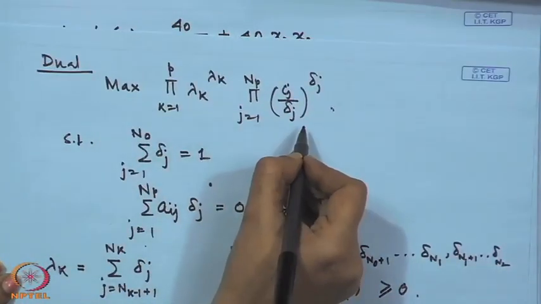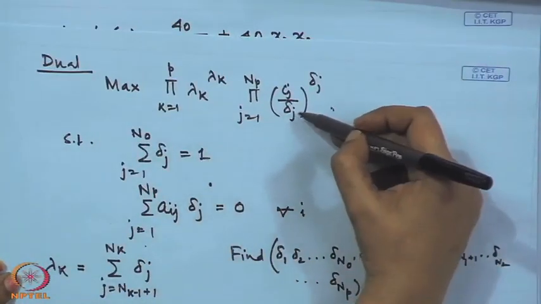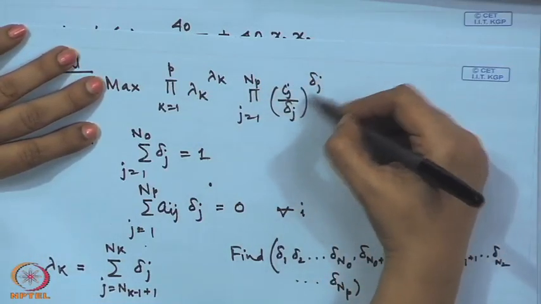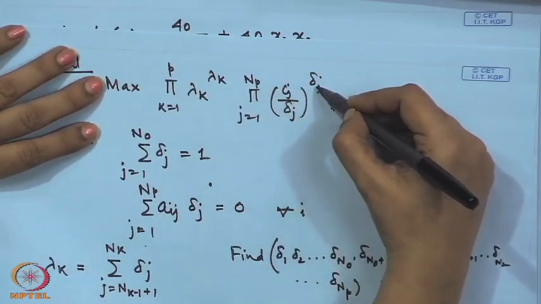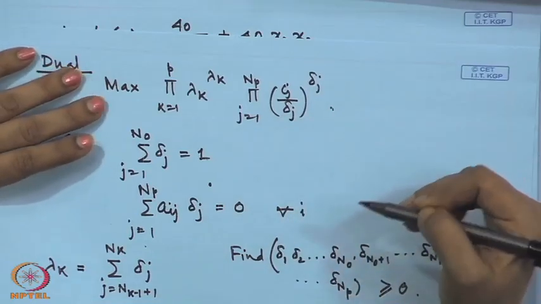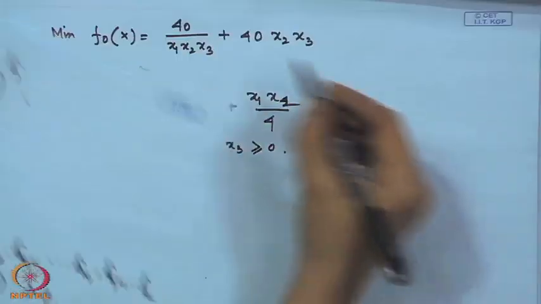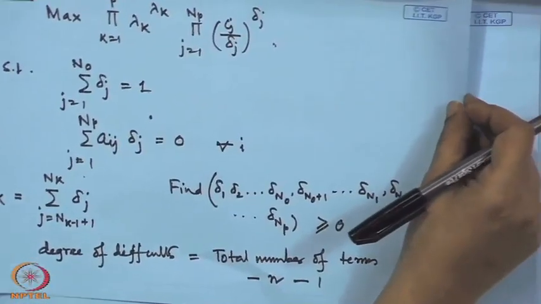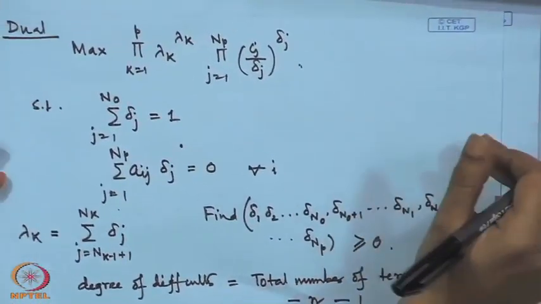dual objective function first. For the dual objective function there are 2 terms involved. One is the Cj by delta j to the power delta j. How many delta j's will be here? That depends on how many terms are involved in the problem. Here how many terms we have? 1, 2, 3, 4, 4 terms are there. That is why we have 4 deltas in this problem.